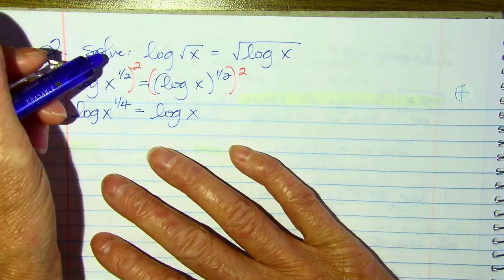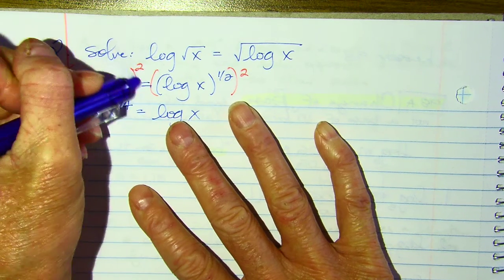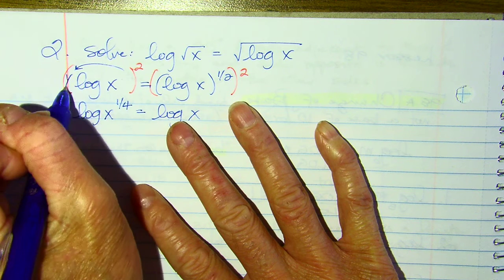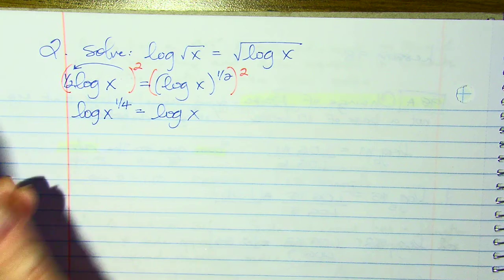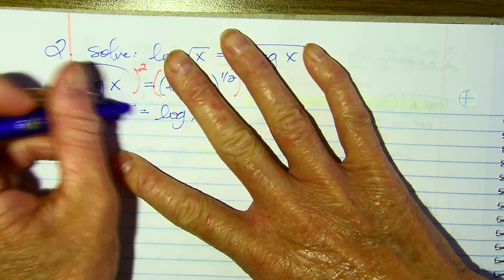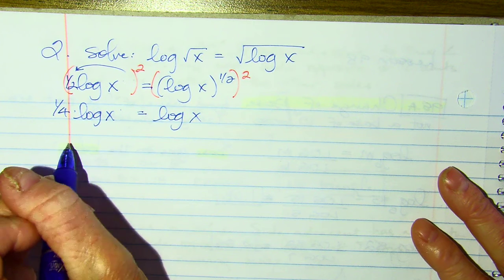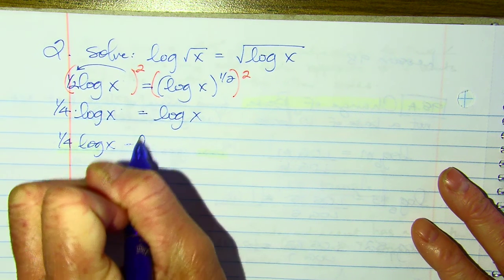And the reason why these are different is because, remember, this 1/2 is technically out here. So 1/2 squared would be, and maybe I'll keep that written that way. So now I've got 1/4 log of x minus log of x.